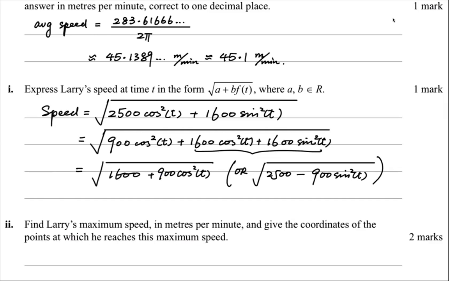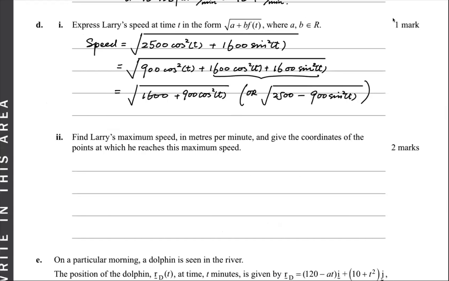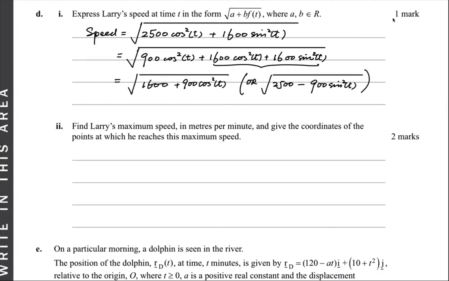And if you really wish, you could also use the double angle formula and get some sort of expression like a cosine 2t, etc. But I think just keep it simple as long as it's correct. Okay, find Larry's maximum speed in meters per minute and give the coordinates of the points. That's an interesting one because we need multiple points.